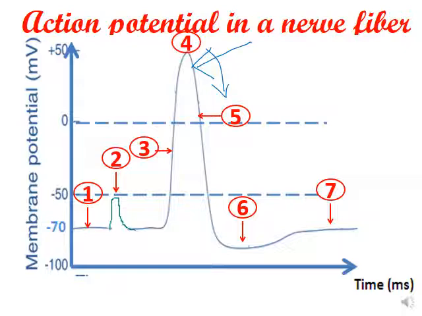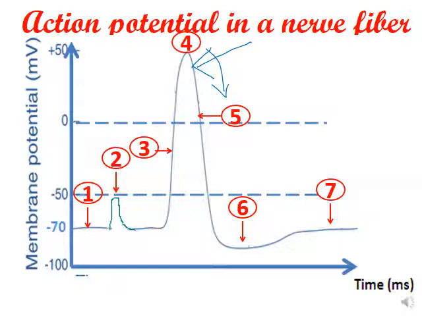Phase 6 represents the hyperpolarization. Hyper means high, like we say hyperactive. So hyperpolarization is an increase in the polarity, meaning an increase in the negativity. And phase number 7 is returning back to the resting potential.